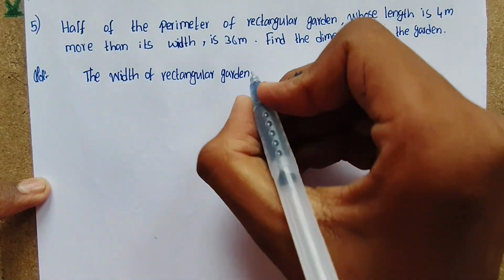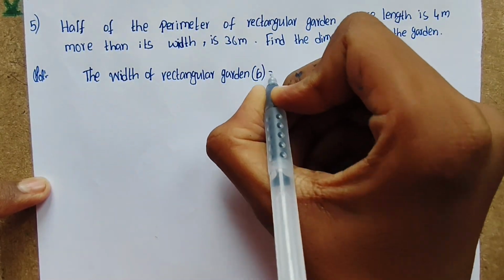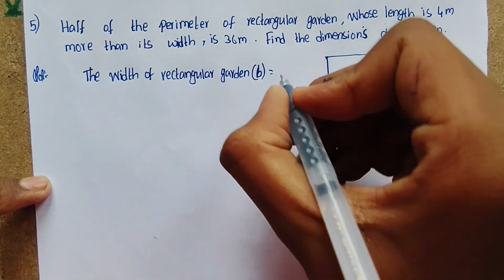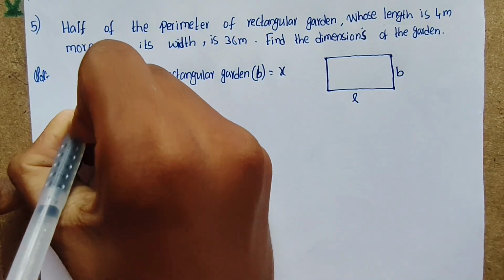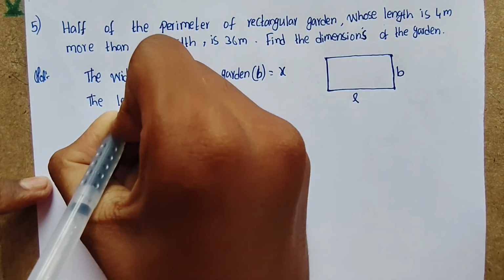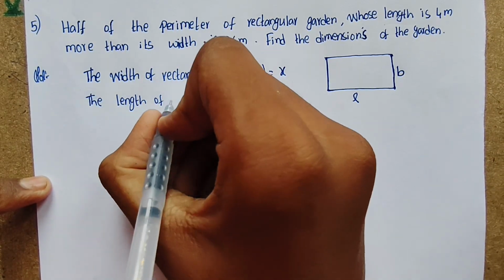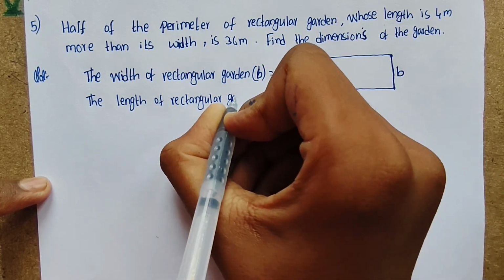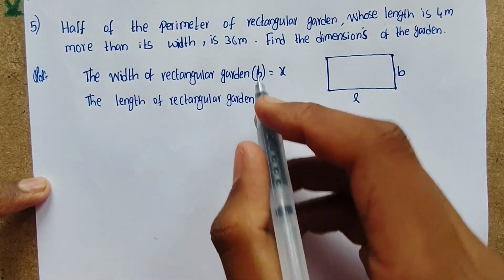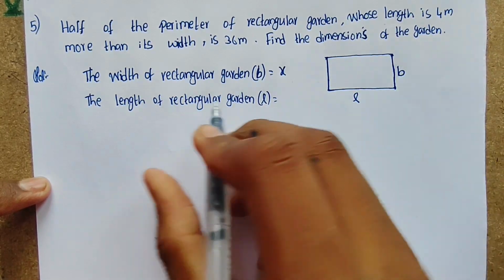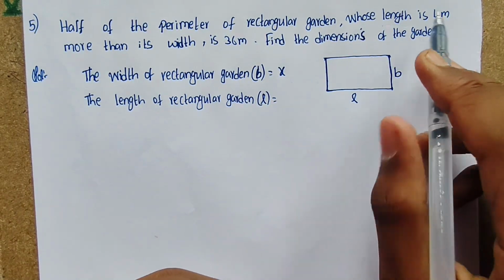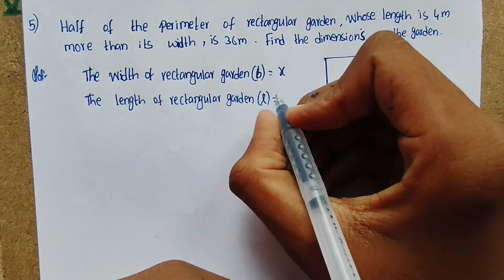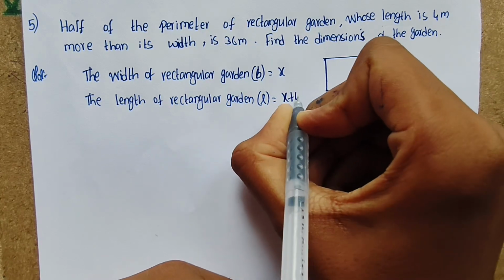I am taking the width of the rectangular garden as X, and the length of the rectangular garden is L. So L equals what they said, whose length is 4 meters more than its width. So L is equal to X plus 4.